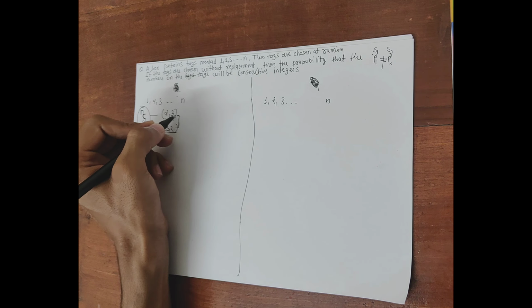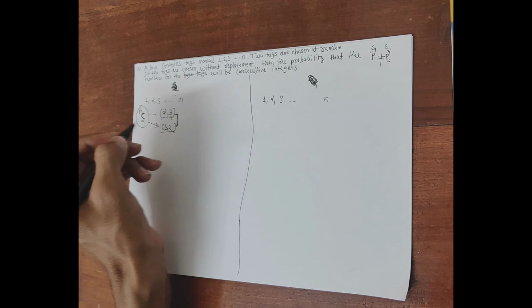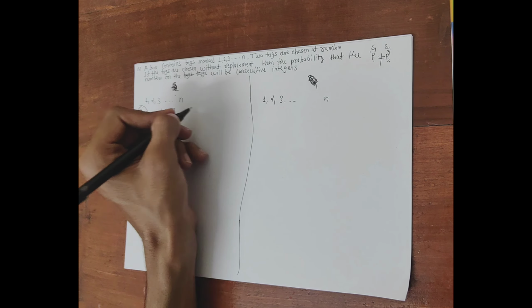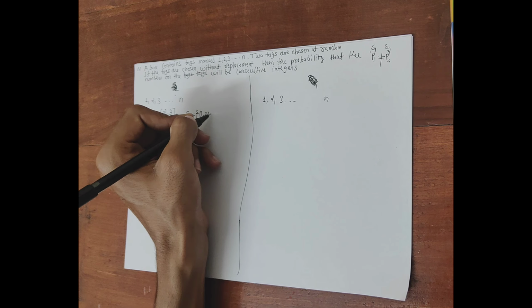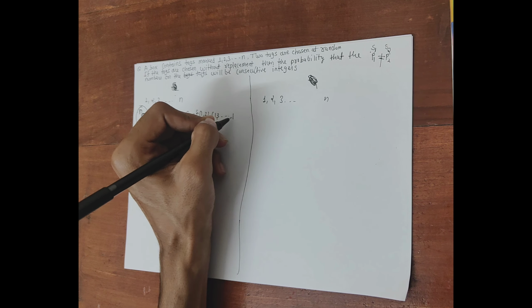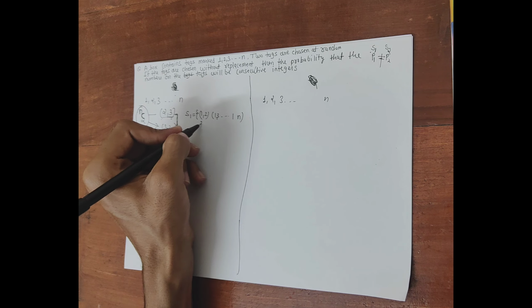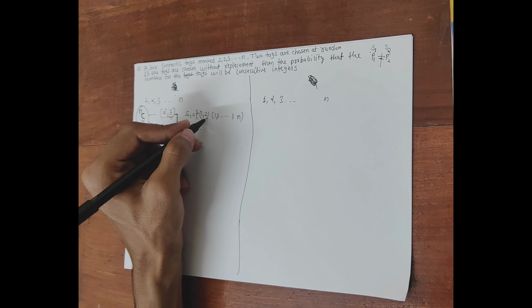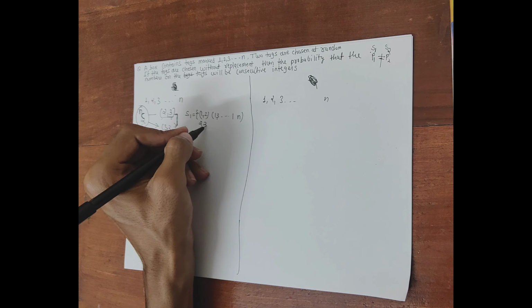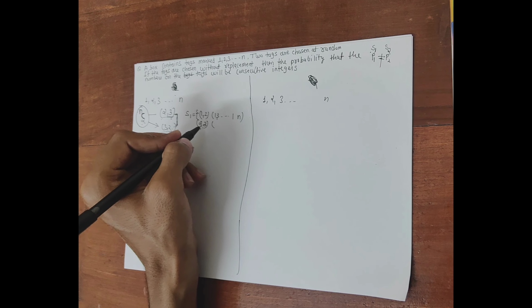So in nC2, what will be the sample space? We will call the sample space S1. It will be like this: (1,2), (1,3), ... (1,n), then (2,3), and so on. We will not put (2,1) because (1,2) and (2,1) are the same.